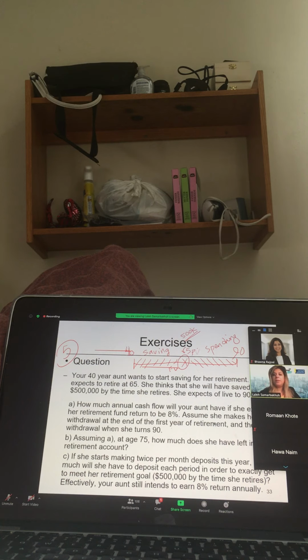This time it's a present value. Does that make sense? So it's the same $500,000 we're talking about. For the second part of the problem, anything about spending, consider it a present value of an annuity. Anything about saving, consider it a future value of an annuity. That's all I can tell you about this problem.